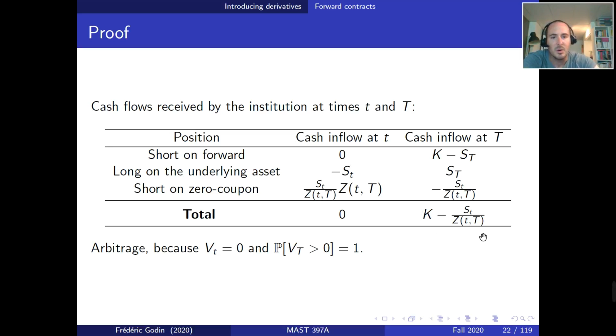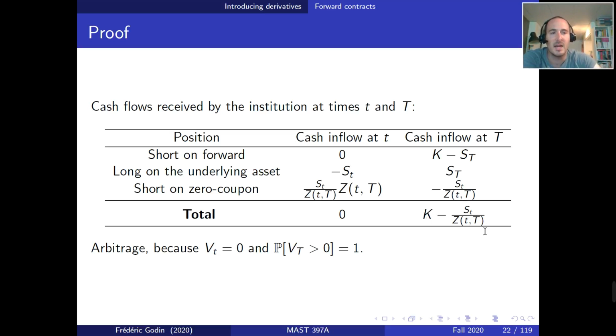So in that case, we would hold a portfolio which is worth 0 initially, but which has a payoff or a value that is strictly greater than 0 at maturity. So we see that this would be an arbitrage opportunity, and this was precluded by our assumption.